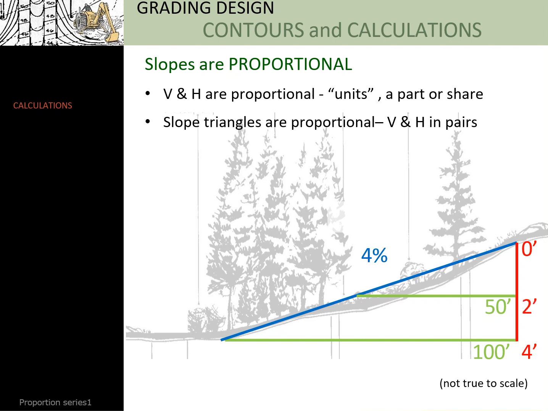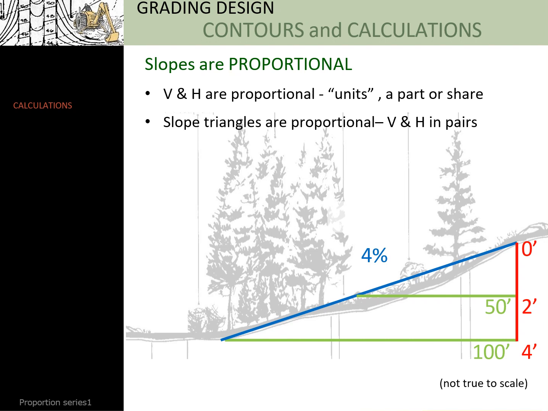Another way to understand slope being proportional is that the slope triangles are proportional, obviously for the same slope. So slope calculations can be visualized as you're resizing the slope triangle proportionally. In the same example here, for a 4% slope, suppose the standard triangle is 4 in 100.